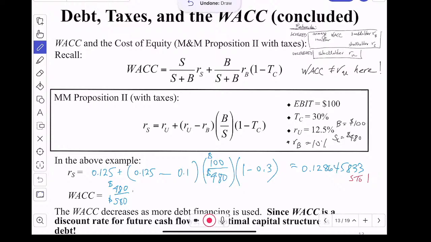I'm just going to recall one here. These are the sorts of calculations you're going to make. It's not difficult. You just need to know which formulas to use and when.